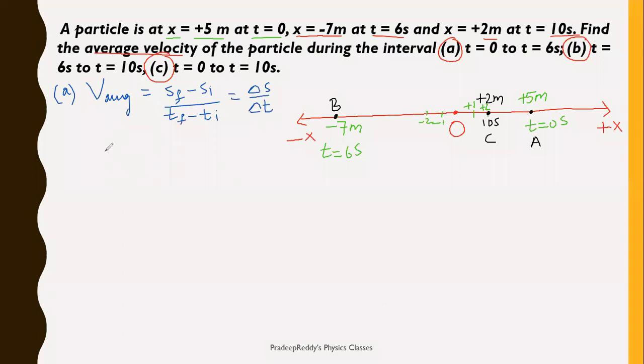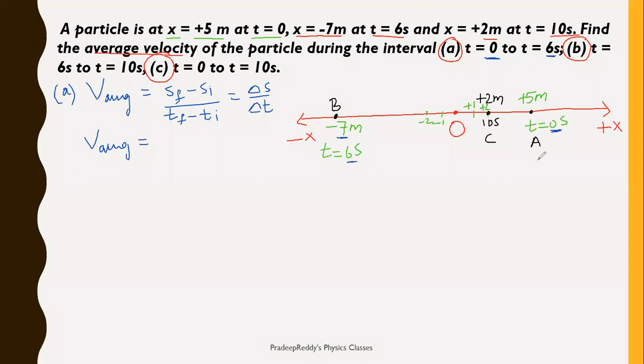Now, in between 0 to 6 second, the body is at plus 5 meter when t is equal to 0 second, and the body is at minus 7 meter when t is equal to 6 second.